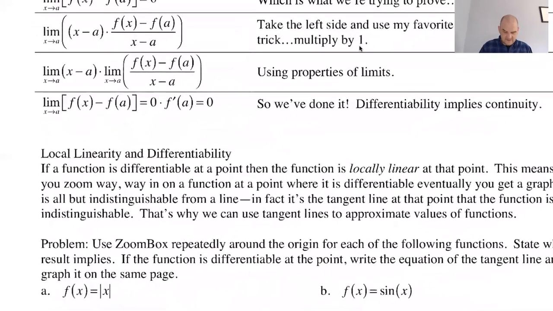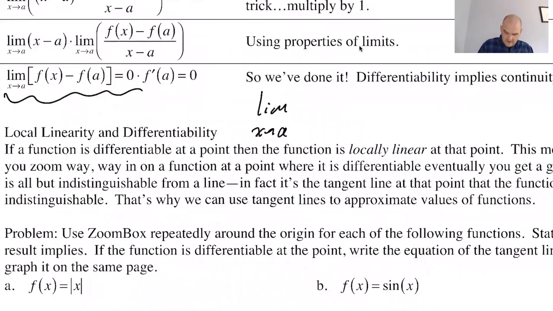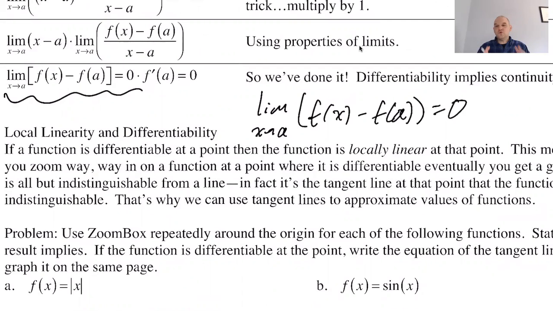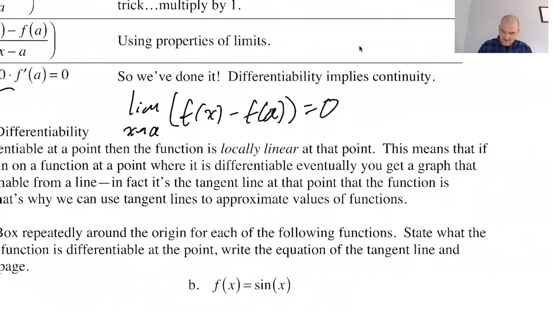When you see the limit as x approaches a of f of x minus f of a equals 0, that's a weird way of writing that a function is continuous at a point. It's a very College Board way of writing it. They love to write that. Why is this equivalent to a function being continuous?